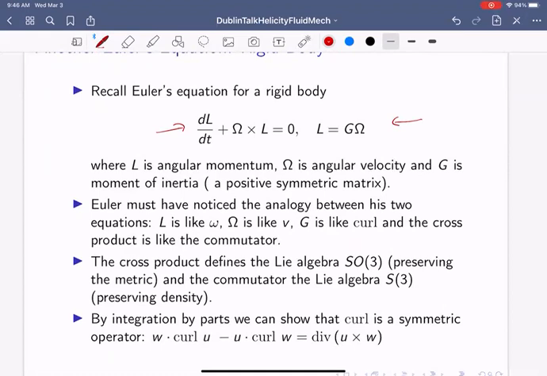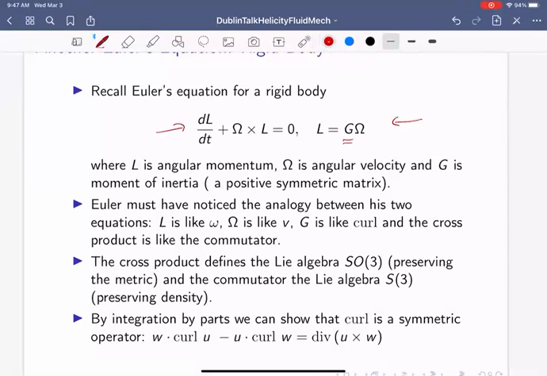But the inertial reference frame is not the convenient frame in which to write the equation for a rigid body, because the rigid body might have a moment of inertia matrix, which is a symmetric positive matrix, and it might have unequal eigenvalues. So if it has unequal eigenvalues, the frame in which that moment of inertia is diagonal is not going to be an inertial frame.